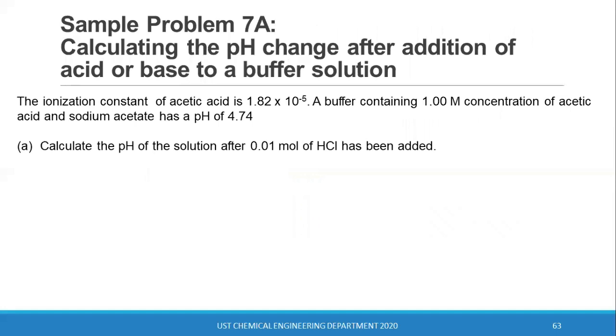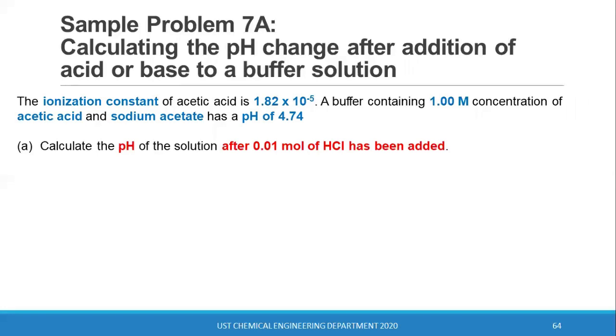Let's try solving sample problem 7a. Calculating the pH change after addition of acid or base to a buffer solution. In this problem, a strong acid HCl solution was added to a buffer containing 1 molar acetic acid and 1 molar sodium acetate. Again, the first step is to list down all the necessary givens and unknowns.